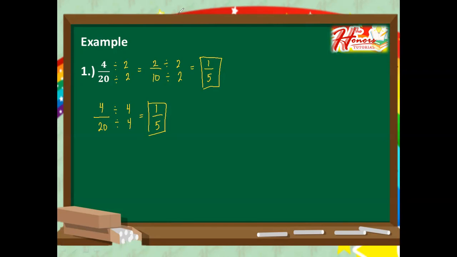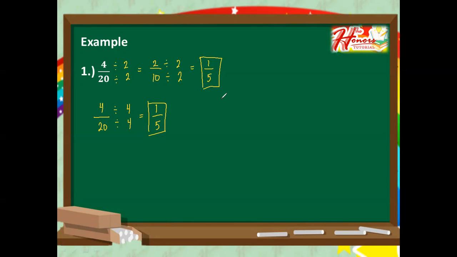So therefore, if you want to have the final answer, my suggestion is to use the biggest number that can divide your numerator and denominator at the same time without remainder. Because as you can see in here, if you use the smallest number possible, then you have to simplify it again and again and again until you reach the final answer.